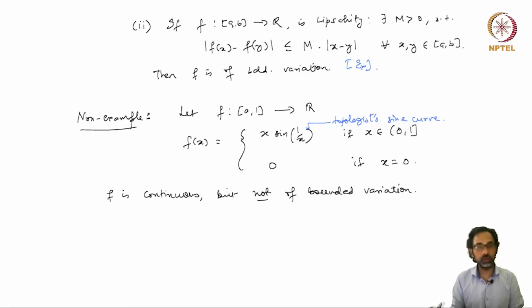So, I leave it to you as an exercise to show this. The point here is that this factor sin(1/x) has a lot of high oscillations, which means that when x goes closer and closer to 0, there is a lot of wiggle in the graph of this function f(x).